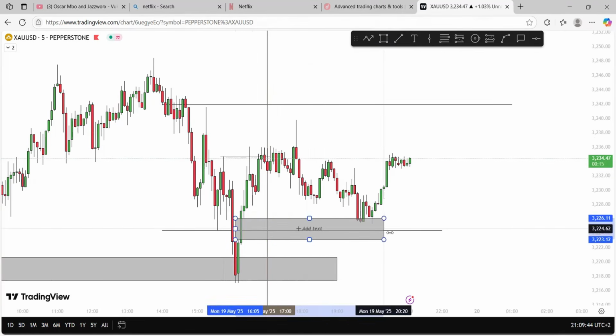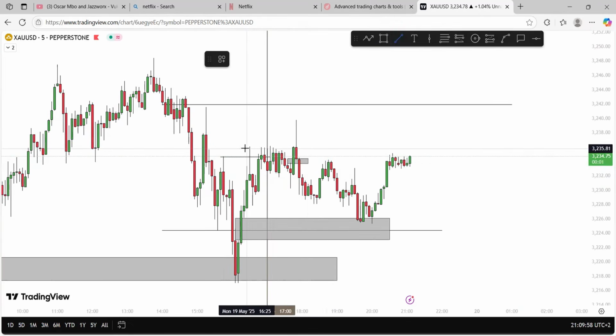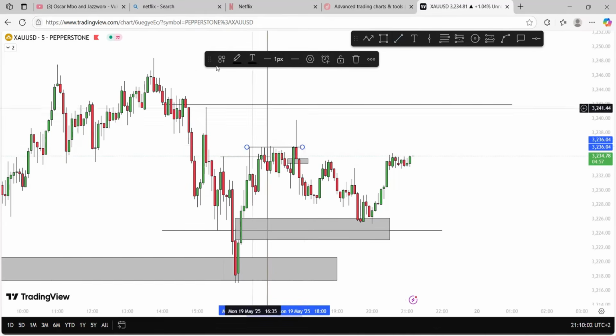So you wait for the market to tap inside this fair value gap. As you can see over here, it tapped inside our fair value gap. Also this fair value gap, guys, is invalid. We cannot call it a valid fair value gap because the market swept this liquidity over here. We have a lot of liquidity over here, guys.